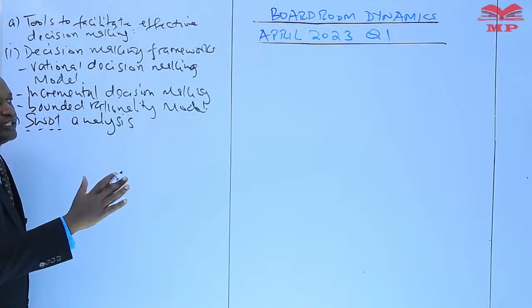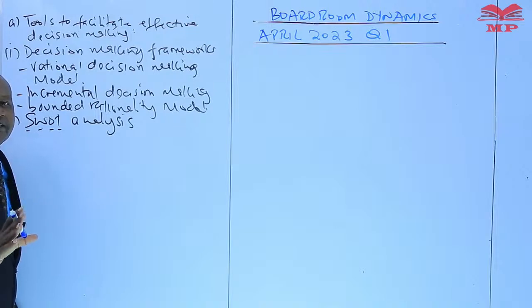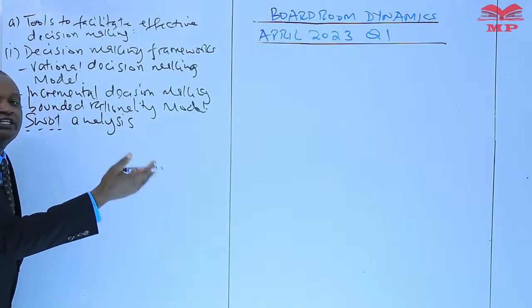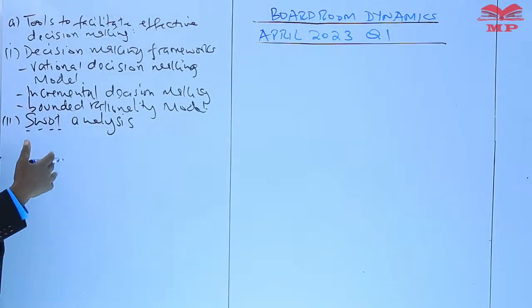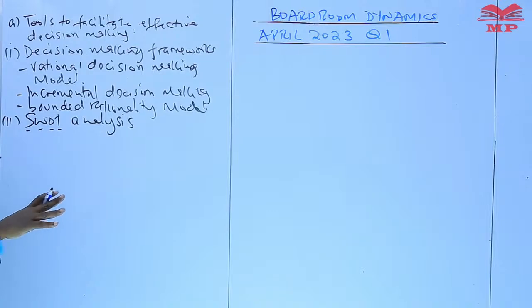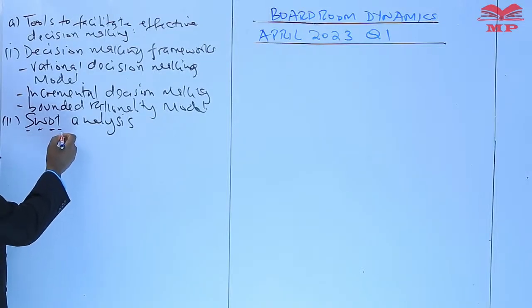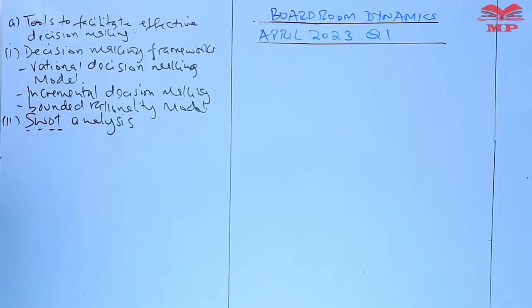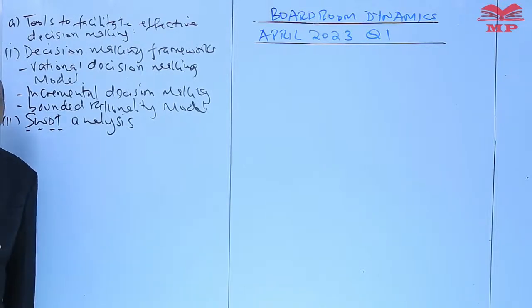The model aids in identifying areas that require improvement, understanding market trends, and making strategic decisions, providing directors with information on the strengths, weaknesses, opportunities, and threats of the company. SWOT analysis is yet another tool that can facilitate effective decision making.